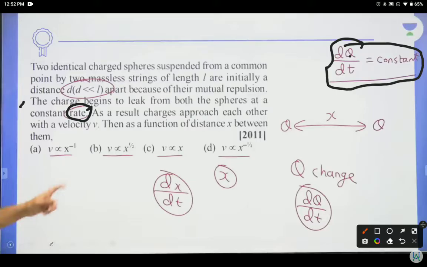The proportionality relation between velocity v and distance x is asked here. If we carefully observe, this question is the same as the question asked before.